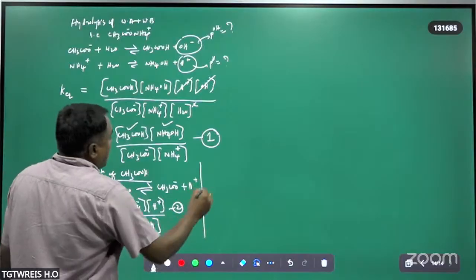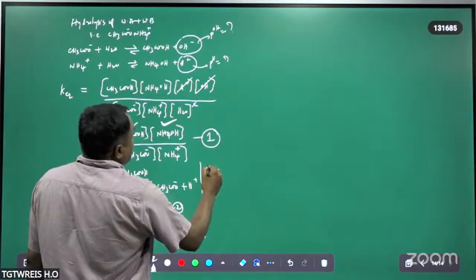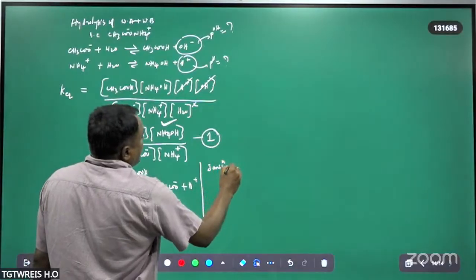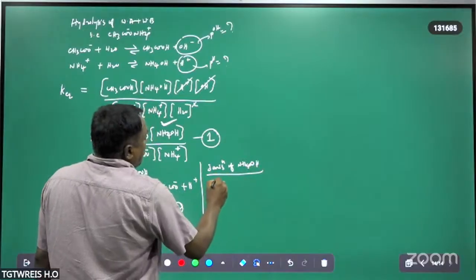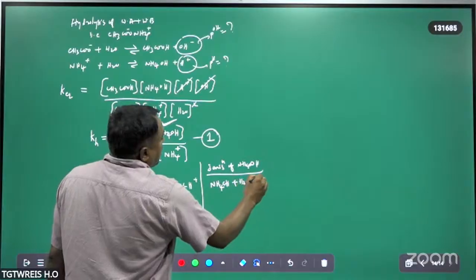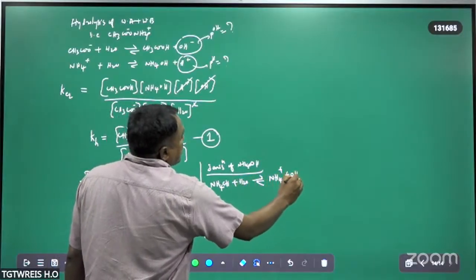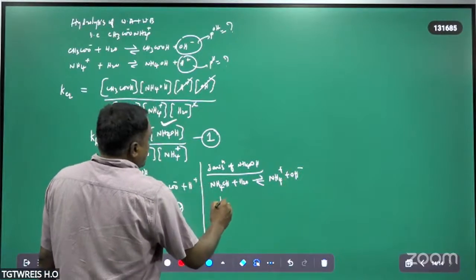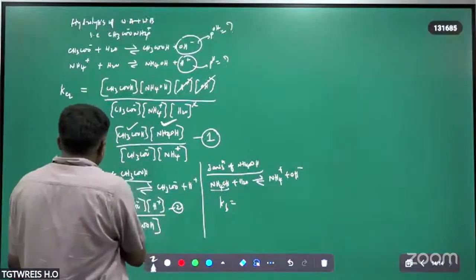And like that, ionization of ammonium hydroxide also there now. So ammonium hydroxide again, when dissolved in water, it will be dissociating into NH4+ and OH-. So now Kb is equal to, this is the weak base, and this is the weak acid.